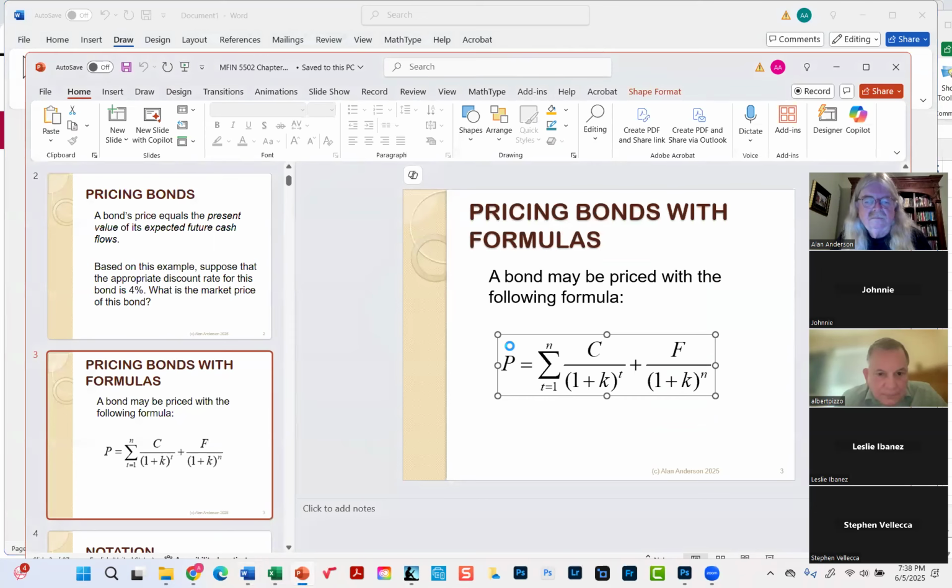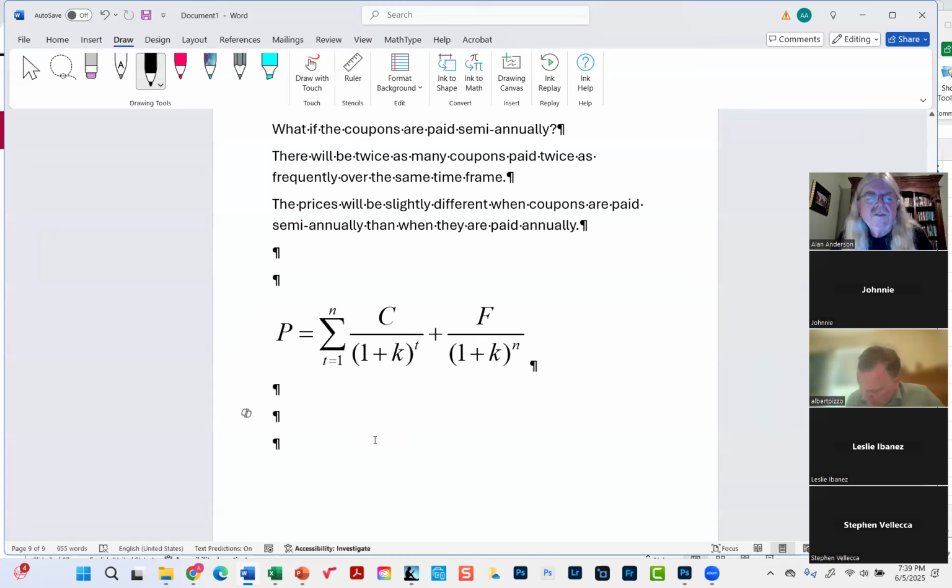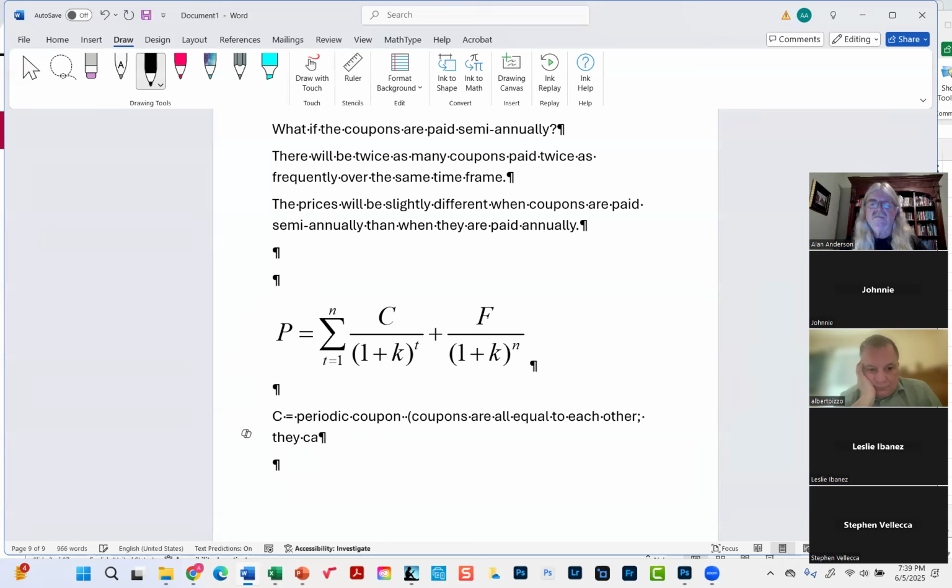So the notation here is C is coupon. Now the coupons are fixed. I'll write this now because the coupons can be yearly or semi-annually. I'll just call it a periodic coupon. You notice the coupons are all equal to each other. They never change. They can be treated as a constant. Now F is the face value.